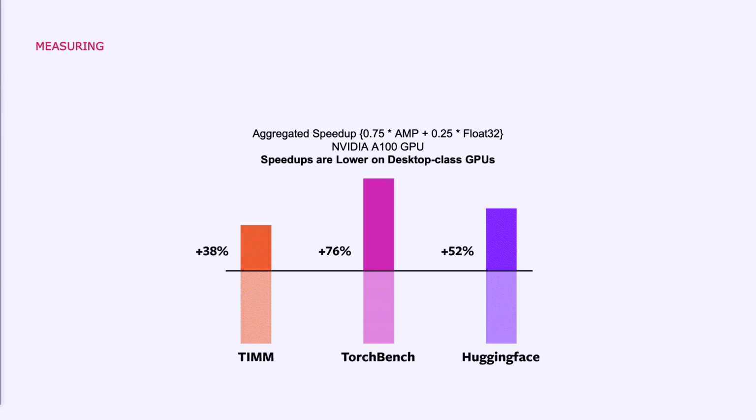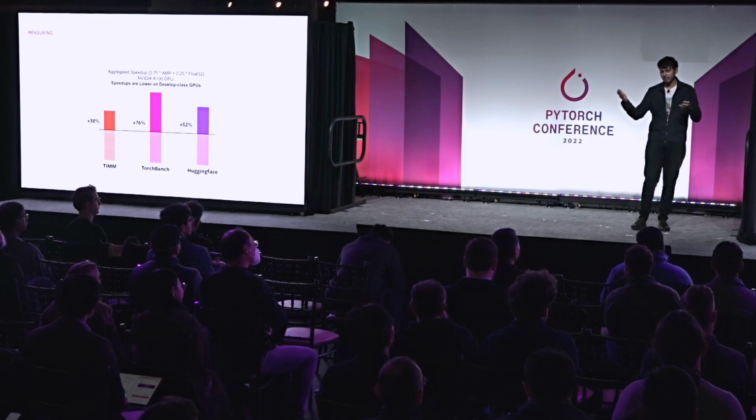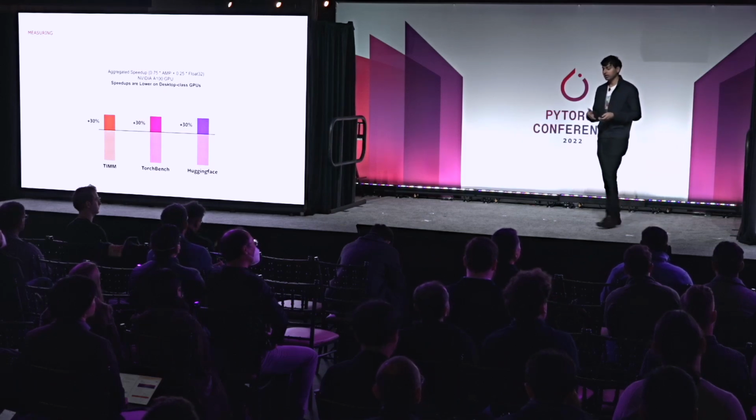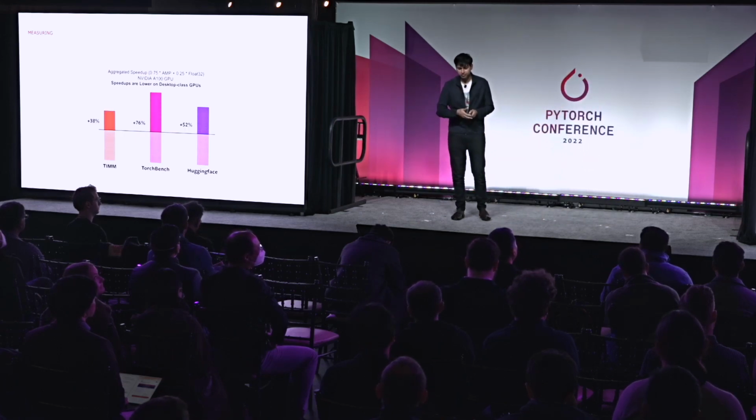The faster and bigger the GPU, the more eager mode cannot keep up, and we need to introduce a compiler. If you're using a GPU where PyTorch is already doing a reasonably good job, you're not going to see as much. They're lower, but still pretty good.